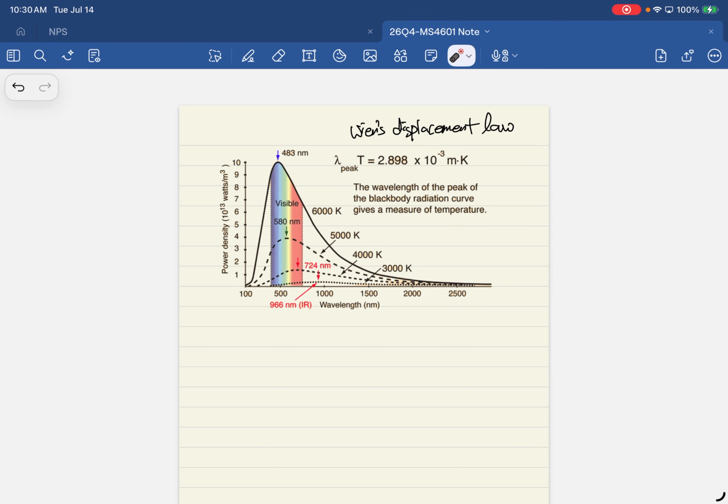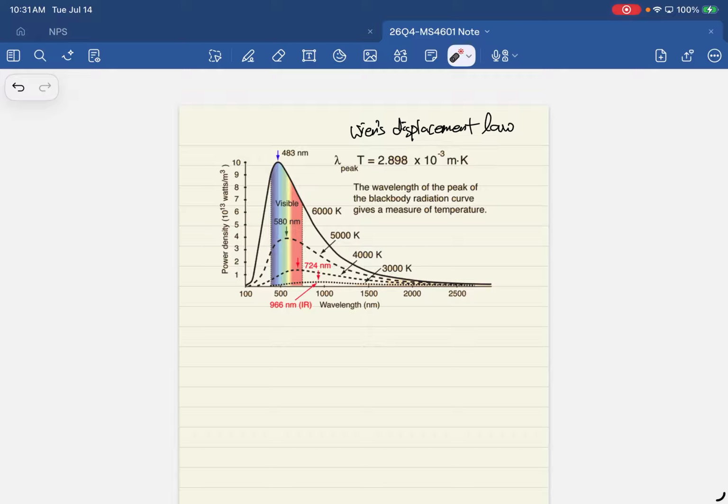Okay, so for blackbody radiation, it actually increases and then decreases with respect to wavelengths. The peak radiation just follows the temperature of the blackbody, right?